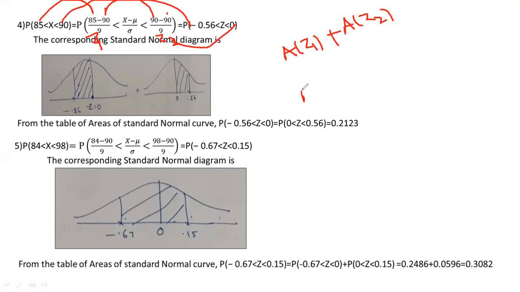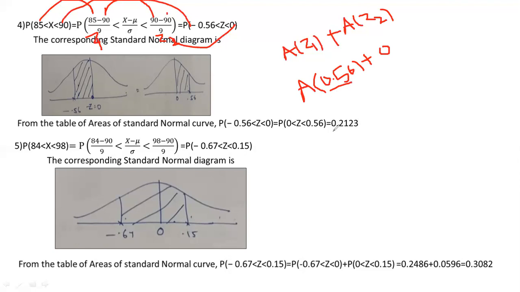So here we got the z1 score as minus 0.56. Instead we take 0.56. So A of 0.56, and A of z2 is nothing but A of 0, because for x equals 90 we are getting the z score 0. So A of z2 is 0. This 0.56 we take from the table.